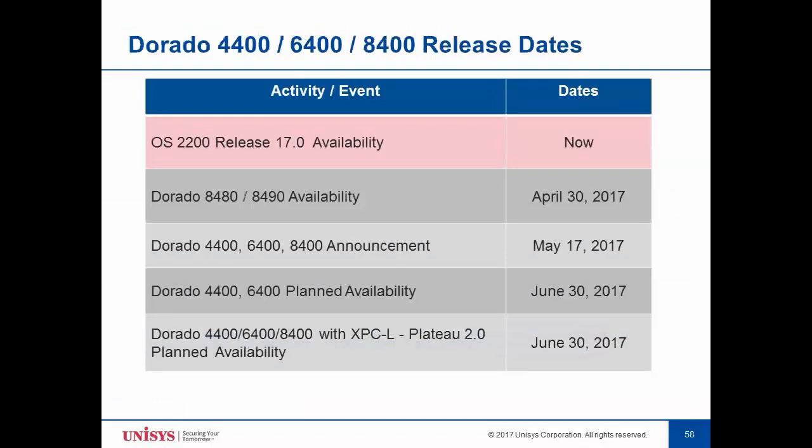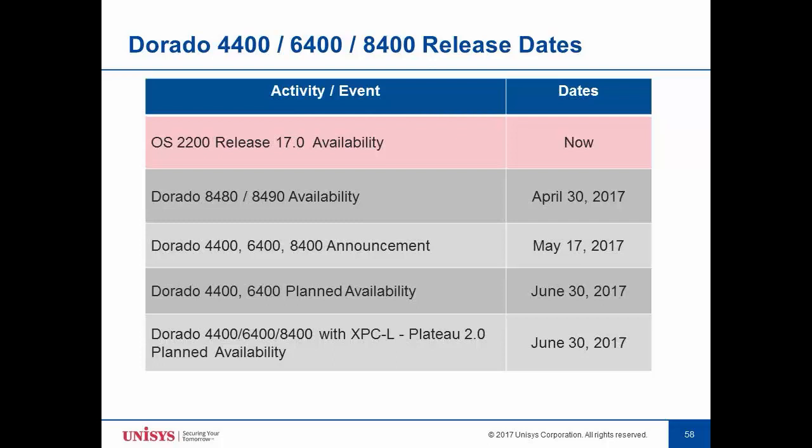Release dates. Again, part of the Dorado 6400 and 8400 families. These systems require the OS 2200 release 17.0, which is available now. The Dorado 8400 is actually available now as well. We've had that available since the beginning of May here.